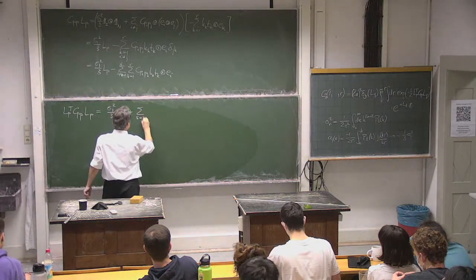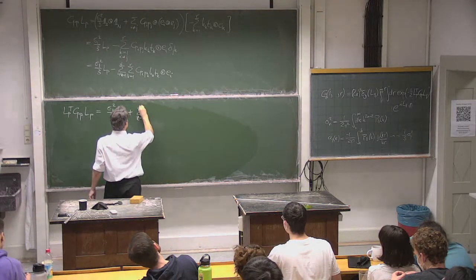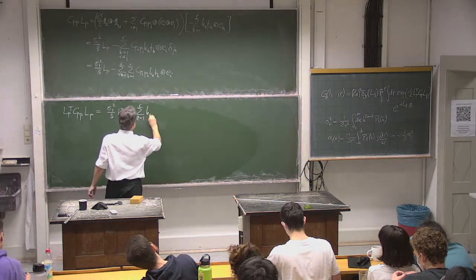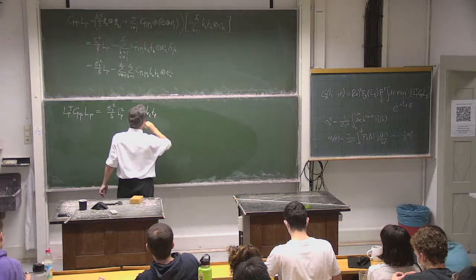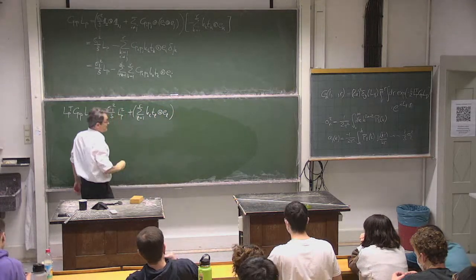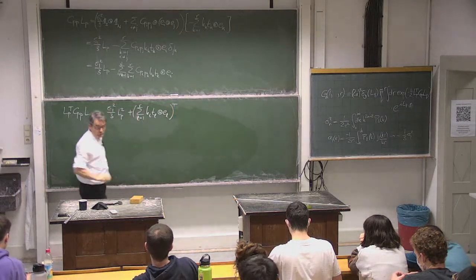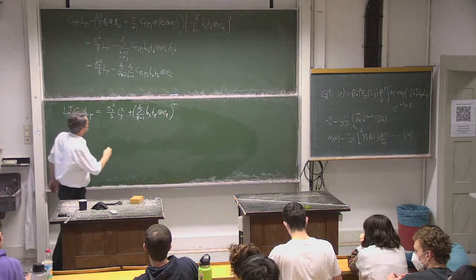Sum over L equals 1 to R, KL, PL, A, tensor EL, transpose. That's the LP transpose with a minus sign.